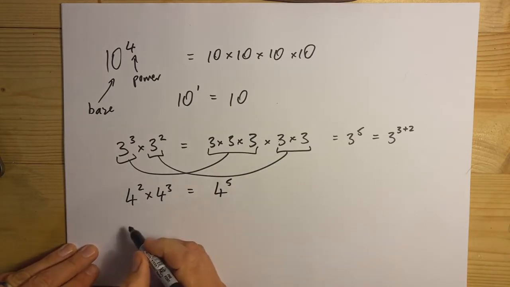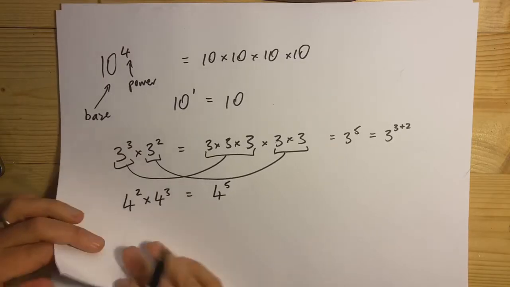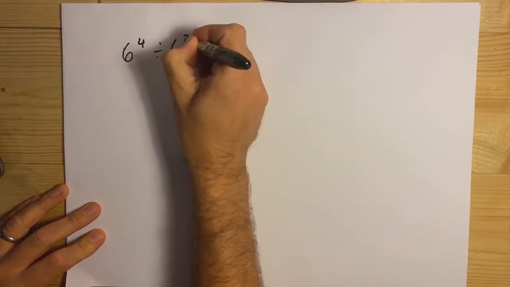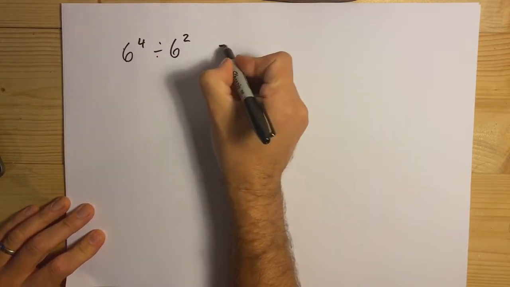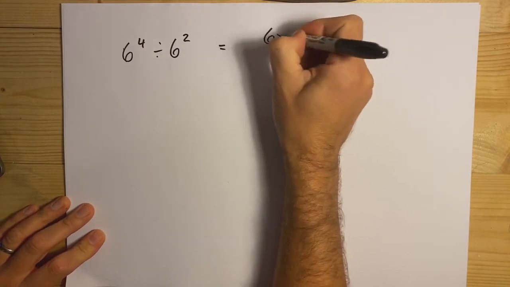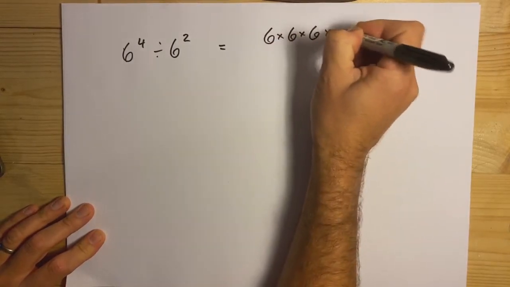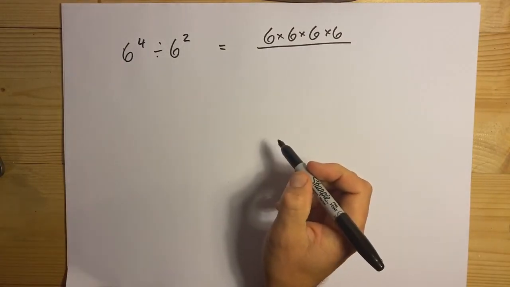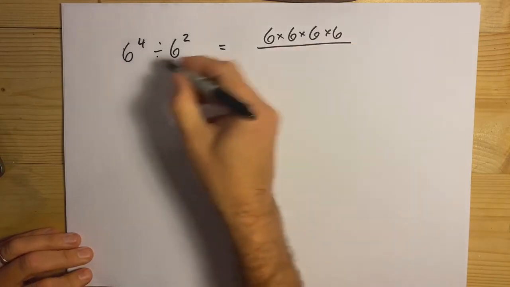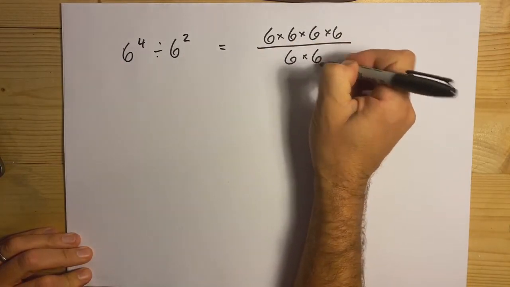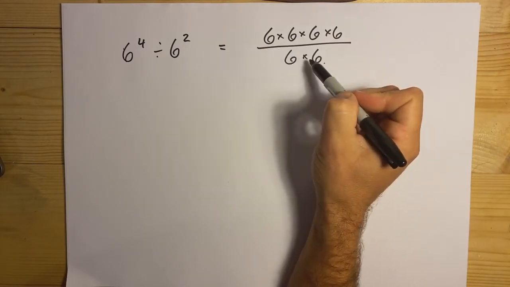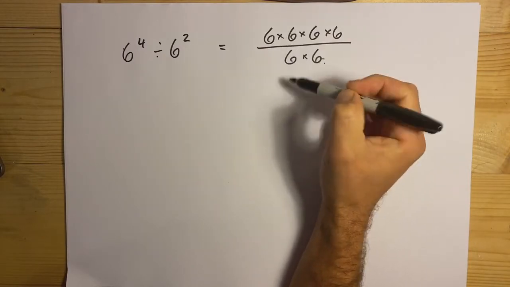Another one is related to division. I think we'll just move to a clean sheet. So if we have, let's do 6 this time, 6 to the power 4 divided by 6 squared. Okay, let's write that out longhand. 6 times 6 times 6 times 6 divided by 6 squared, and I prefer to do it in fractions like this because you can see how things cancel out. Now we can go through and say we've got 2 sixes down here, and that cancels out with 2 sixes up there.